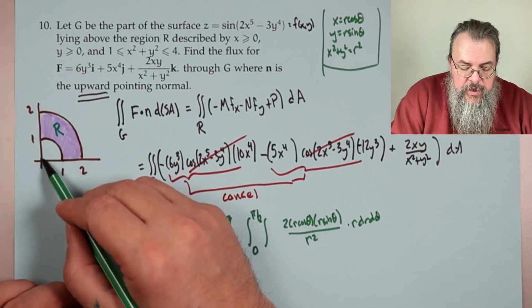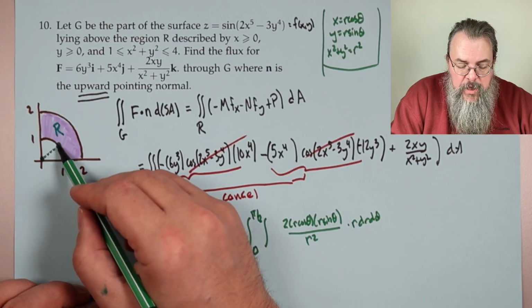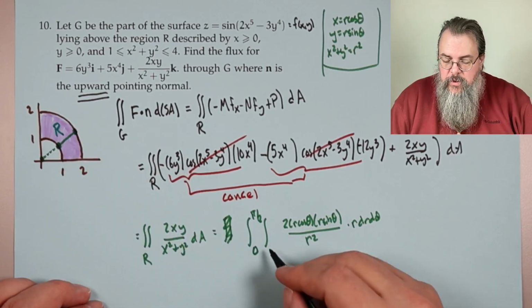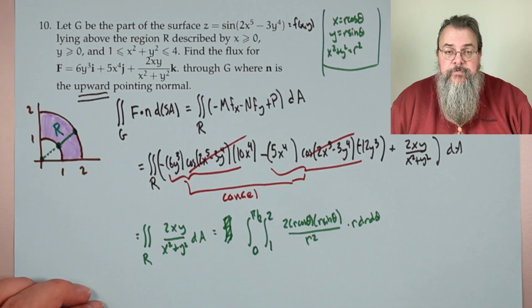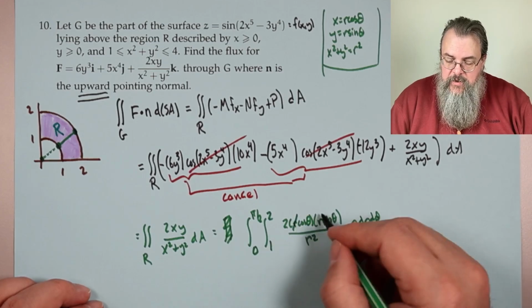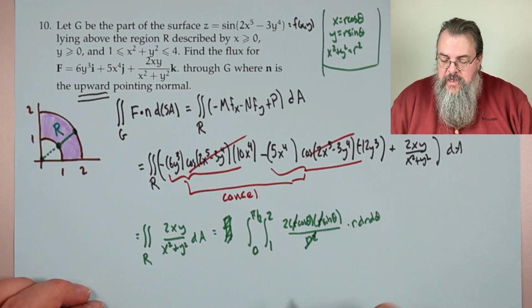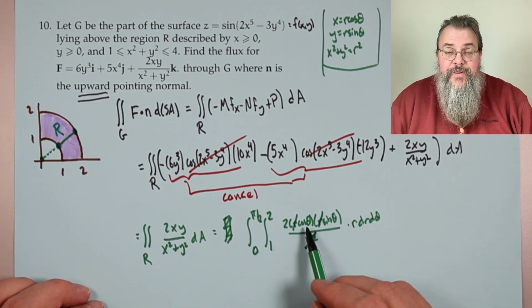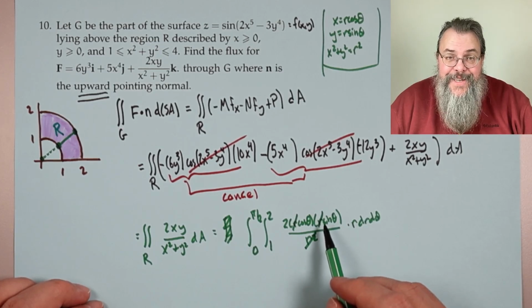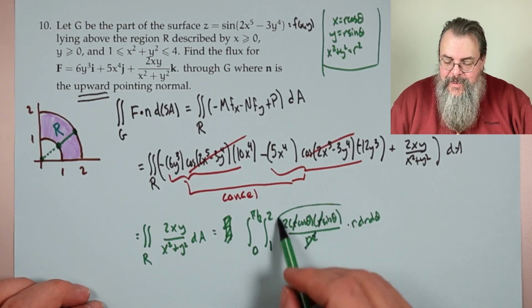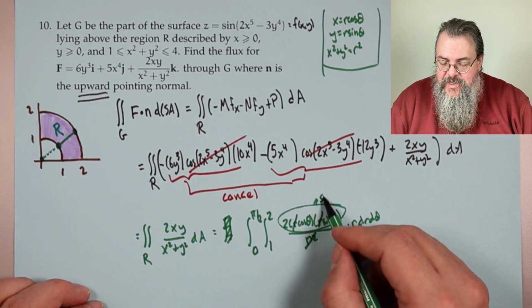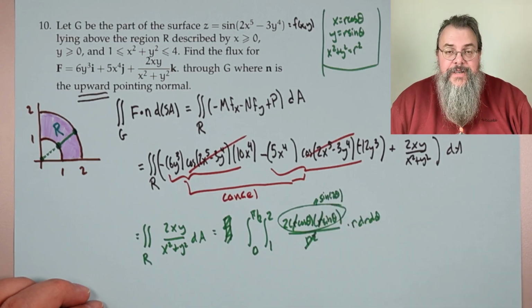R, how do we go out from the center? We start at 1, we go to 2. So r from 1 to 2. Well, cancel again. Nice. How about this? 2 times cosine times sine. What is that? That's going to become sine 2 theta.